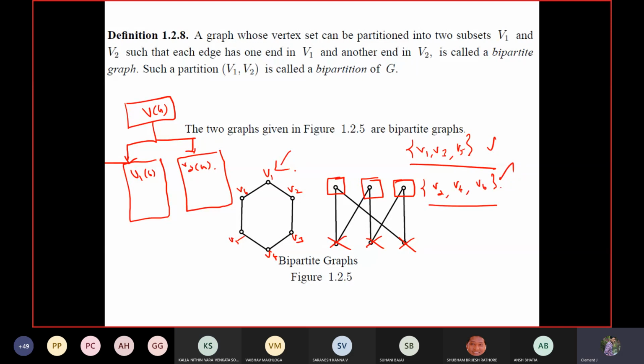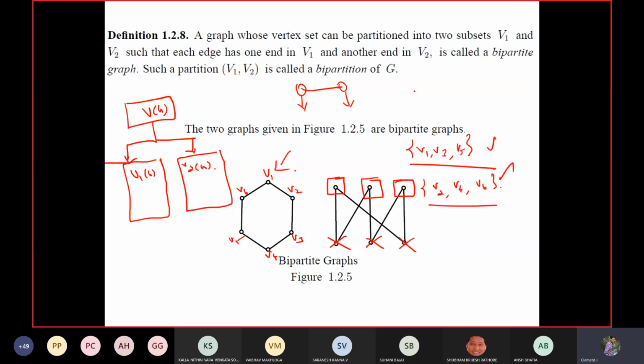Yes, see here. If the vertex set is possibly split into two partitions by applying the condition, if you pick one edge, one end should be placed in the first vertex subset and the second end in the second subset. You can apply the same logic to all the edges.